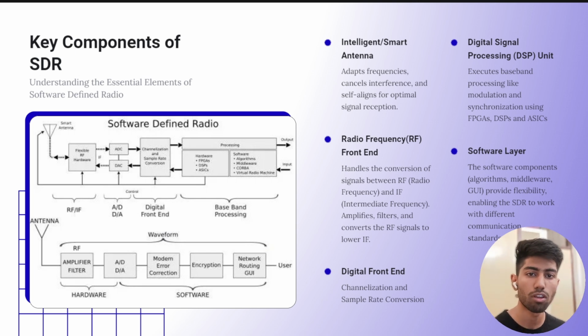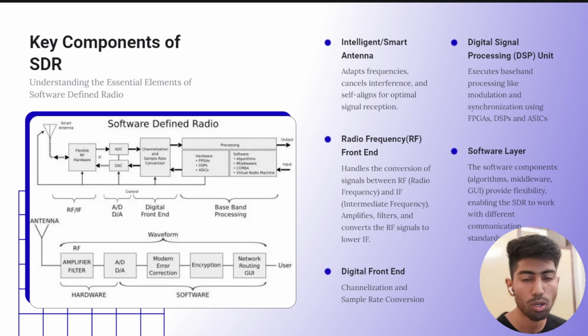For the software part, we need digital processing of the signal, so it channelizes and uses sample rate conversion. Then there is the baseband processing unit, or DSP unit, which has hardware components like FPGAs, DSPs, ASICs, GPUs, and GPPs.